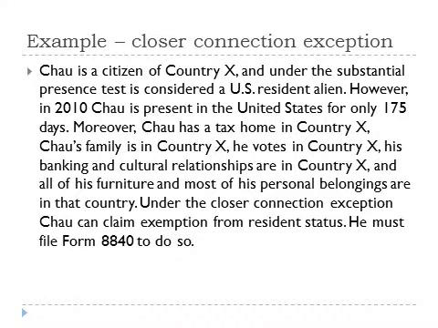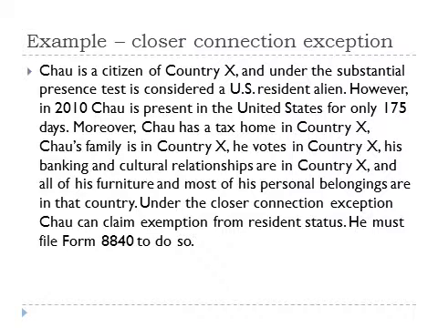Chow is a citizen of country X and under the substantial presence test is considered a U.S. resident alien. However, in 2010, Chow is present in the United States for only 175 days.